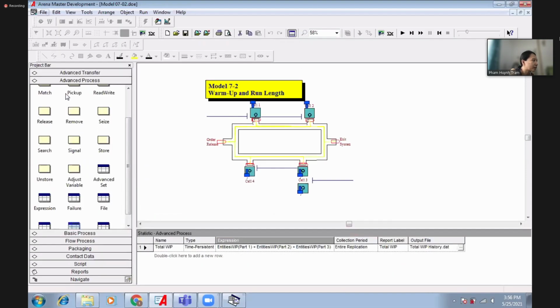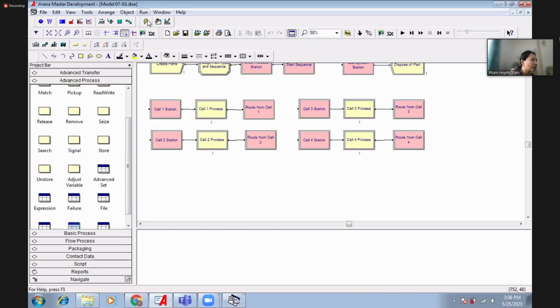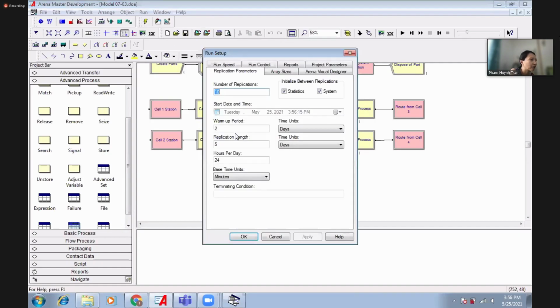Then we can try, next time, in the run setup, defining the warm-up period as 2 days, and the replication length is still 5 days. When we do it like this, Arena only collects the statistics, and the result in the report is from the statistics collected from day 3 onwards.